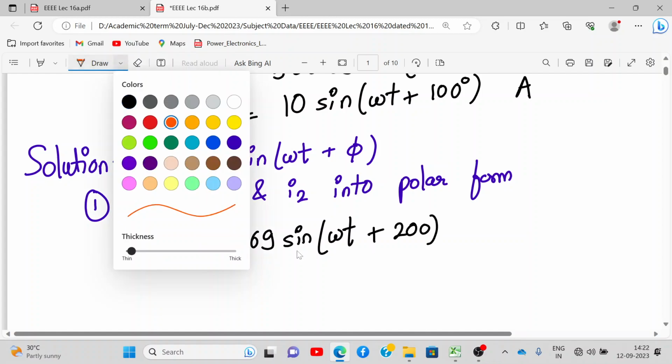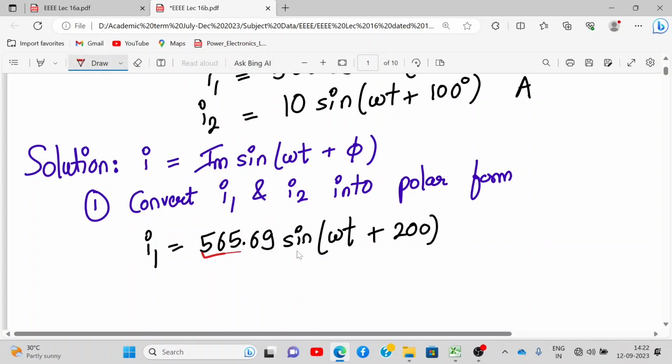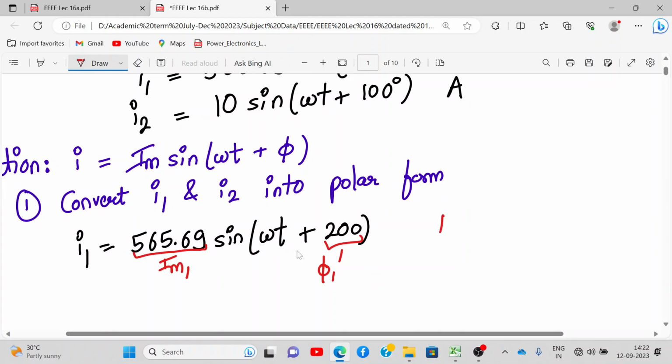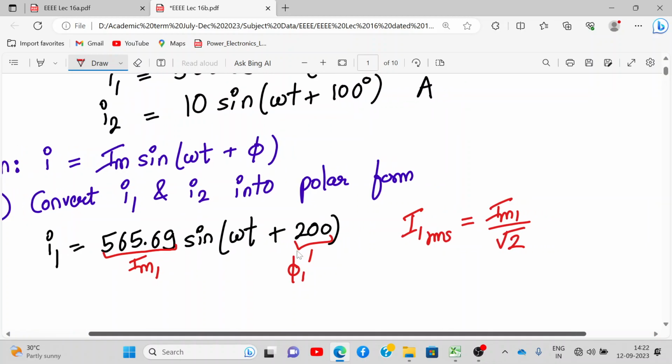Now let me call this IM1, representing the peak magnitude of I1, and this as phi1, right? So what is I1 RMS value? IM1 divided by root 2, right?